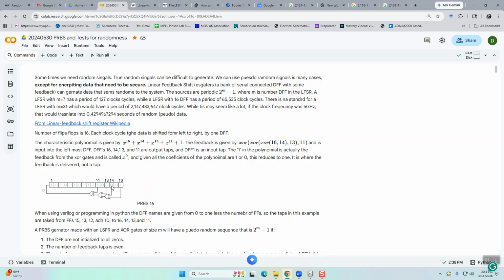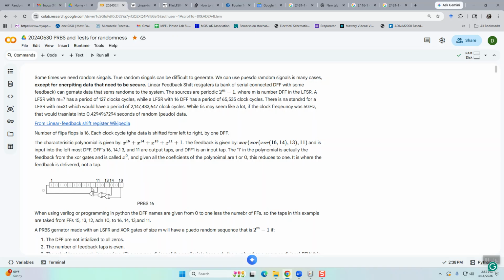Well, if this is 0 and that's 0, that XOR makes 0, right? And so 0 XORed with 0 makes 0. And again, this is starting all off at zeros. And if I put 0 with that 0, I get 0. And what happens is it continues zeros. Nothing happens.